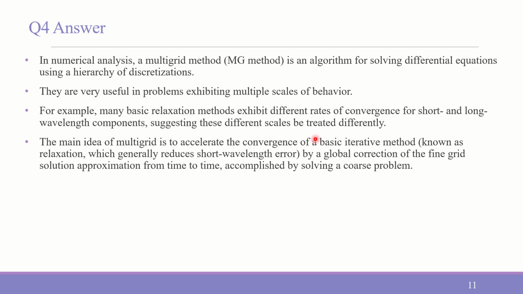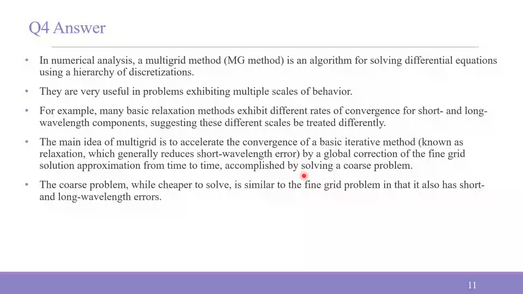So if from a basic iterative method we want to get better convergence, this is known as the relaxation, which generally reduces the short wavelength error by a global correction of the fine grid solution approximation from time to time, accomplished by solving a coarse problem. So we will see this in more detail in the last slides.